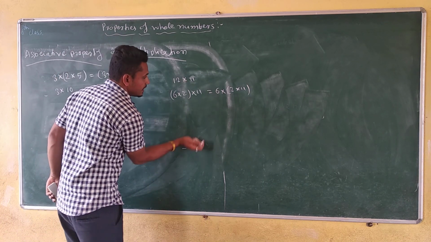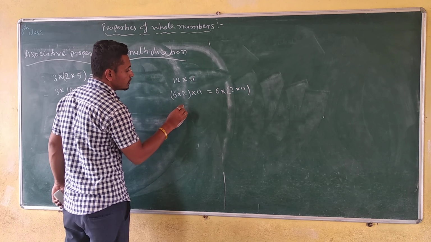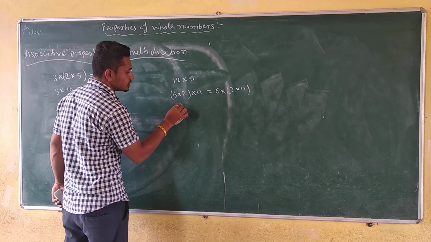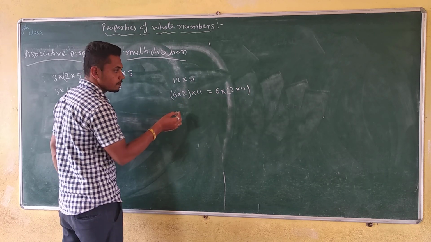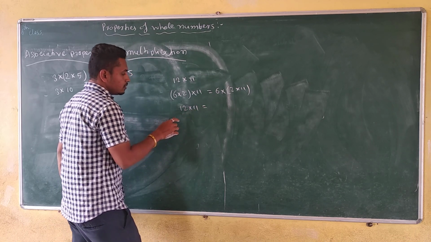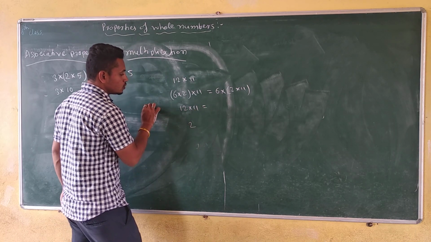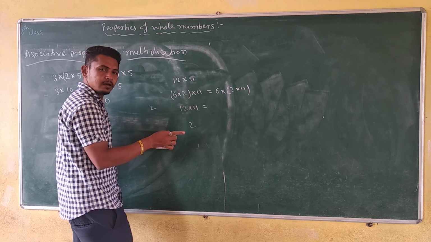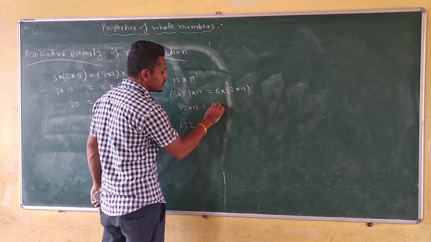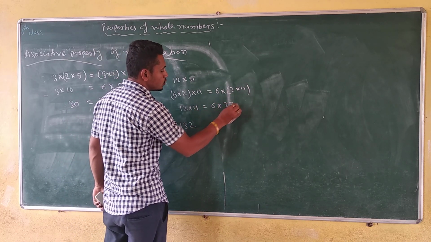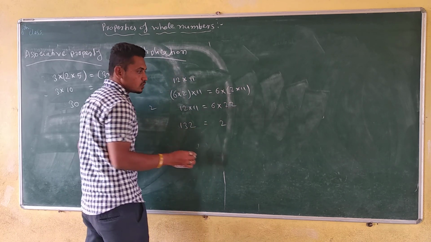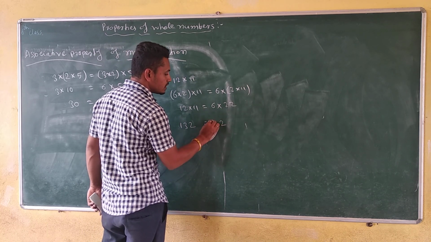Let's check. 6 into 2 is 12, so 12 into 11. 11 2s are 22, so 2 and carry 2. 11 ones are 11, 11 plus 2 is 13. So 132. Next, 6 as it is, then 2 11s are 22, 6 2s are 12, carry 1, 12 plus 1 is 13.